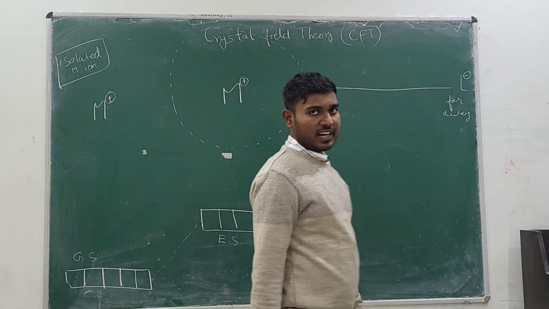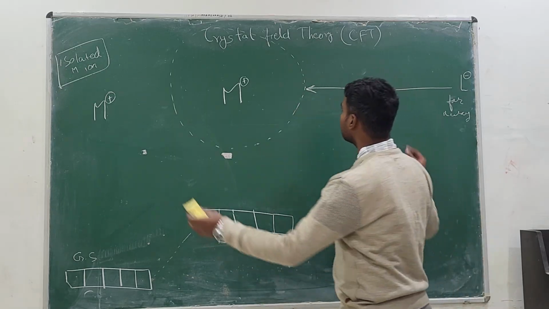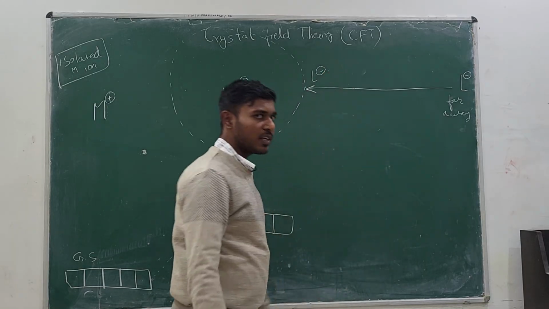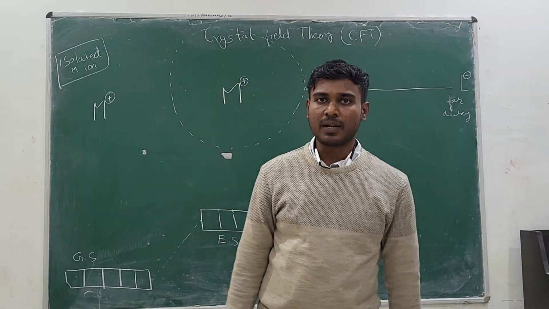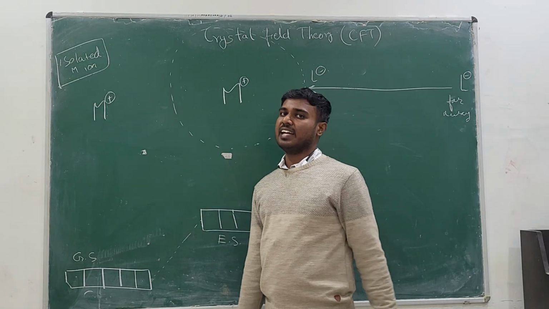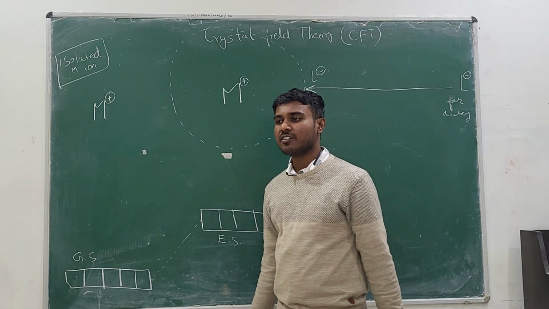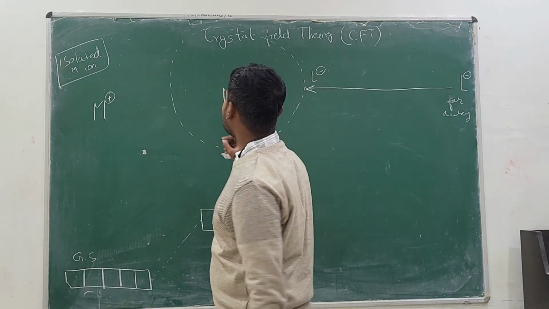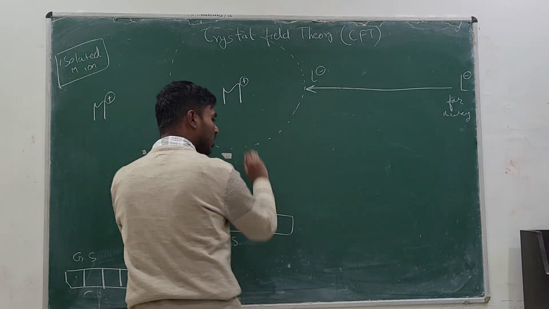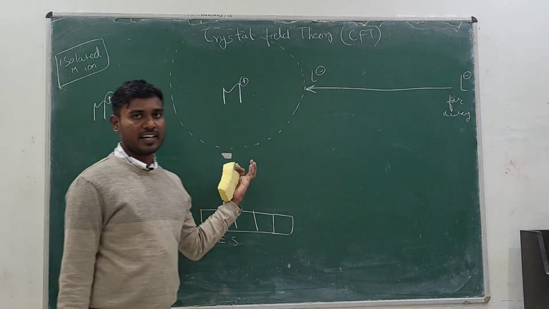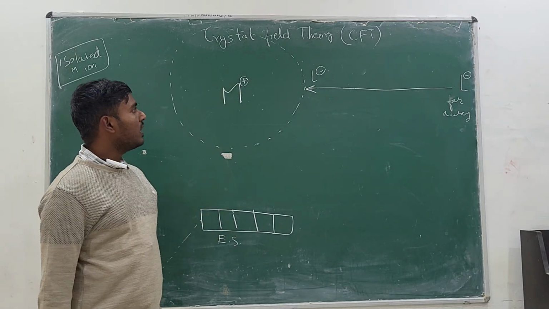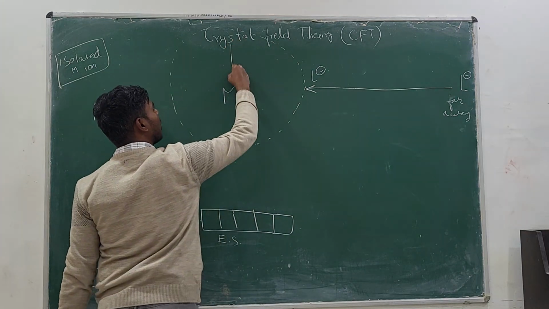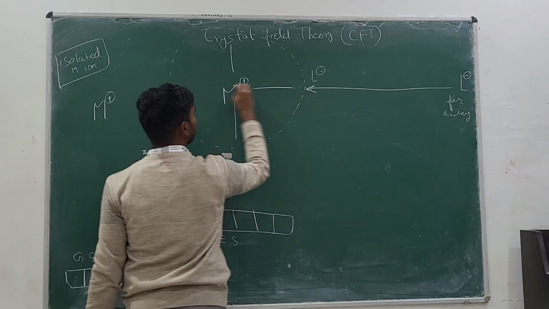When moving forward, our ligand is approaching our metal ion and it will come close to the metal ion. Let's suppose our ligand is this. When complex formation happens in an octahedral complex, there are 6 ligands. So 6 ligands are approaching our metal from 6 different sides. Let's suppose our ligands are approaching very close to the metal ion, approaching axially. Now we will draw the axis along which ligands are approaching our metal ion.